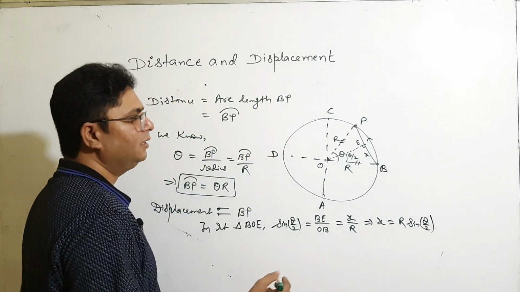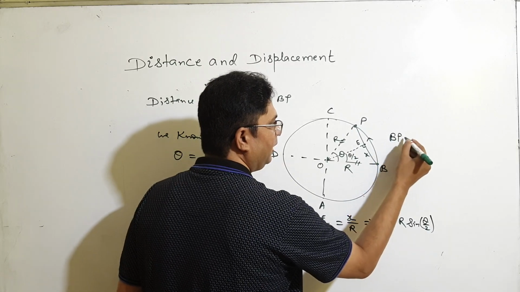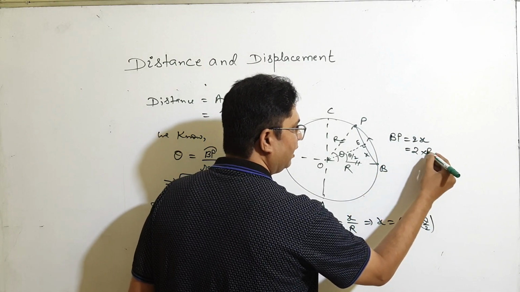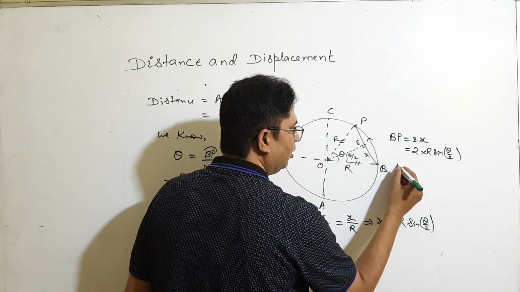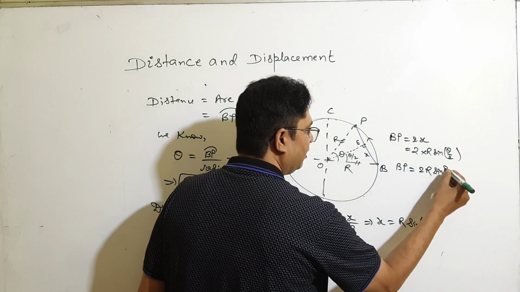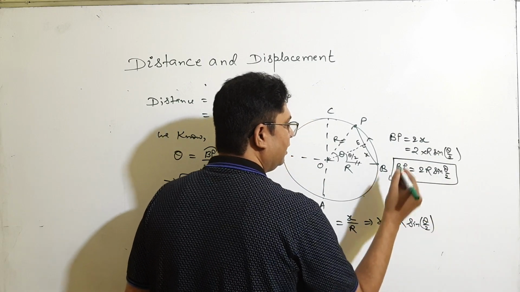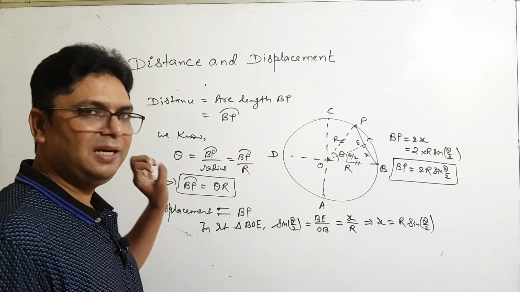Now you require BP, so BP equals 2x. This means 2 into r sine theta upon 2. So BP is equal to 2r sine theta upon 2. This is the displacement. So thus you have learned how to find distance and displacement here.